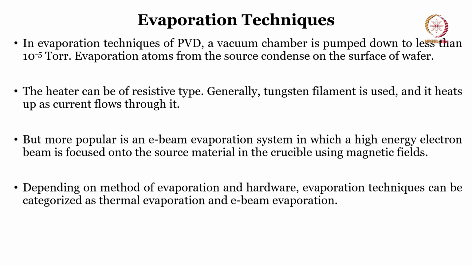The heater can be resistive type, generally a tungsten filament is used and it heats up as current flows, either a filament like a coil, or a substrate or source holder like a boat. Amongst the evaporation techniques, the popular one is the electron beam evaporation system, in which a high energy electron beam is focused on the source material in a crucible using magnetic fields, and we will see how this electron beam can be focused on a crucible. Right now let us not worry about this sentence. Last, depending on the method of evaporation and hardware, evaporation techniques can be categorized as thermal evaporation or electron beam evaporation. So that we know.